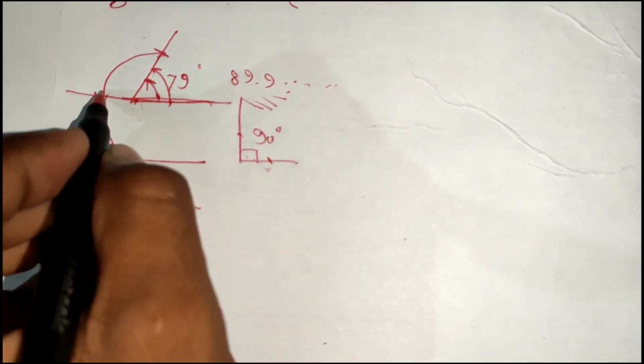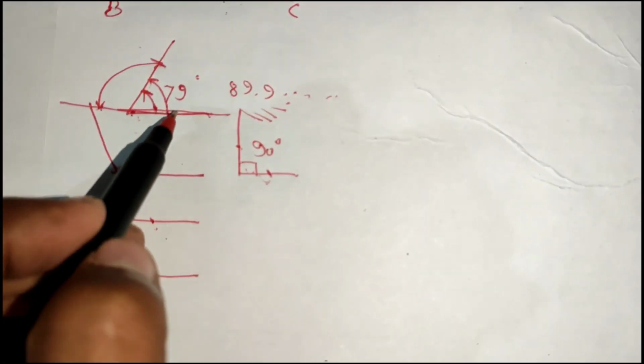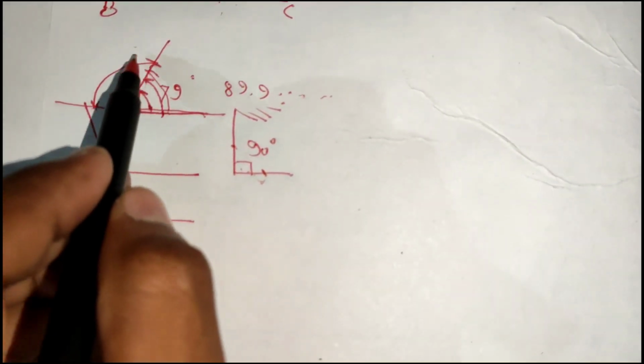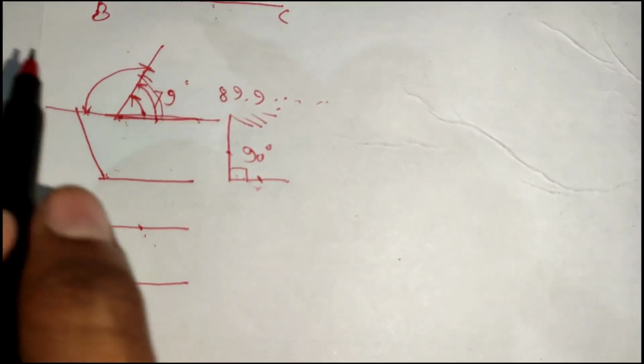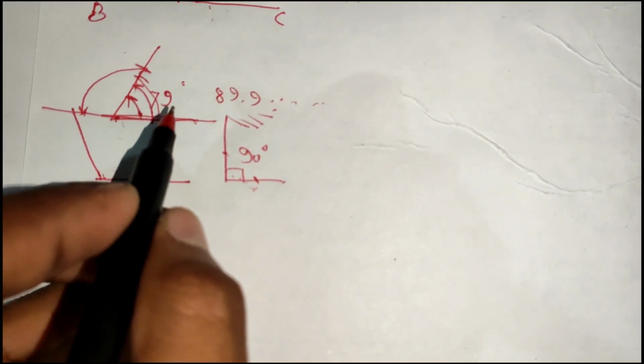The difference is just that we are measuring the angle in a different direction, a different sense. That's why the numbers are different. So this is the anti-clockwise sense, this is the clockwise sense. In some cases we measure in clockwise sense too, but the most commonly used is anti-clockwise sense.